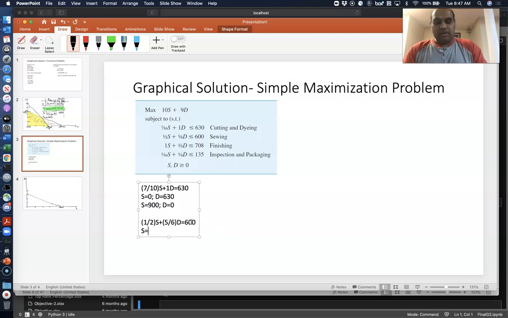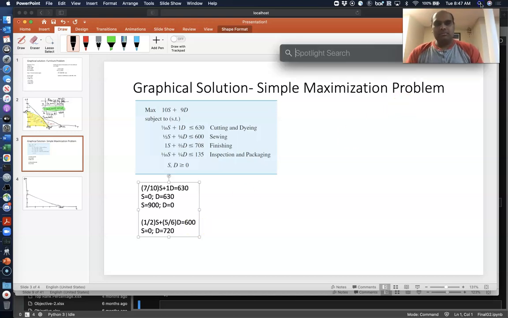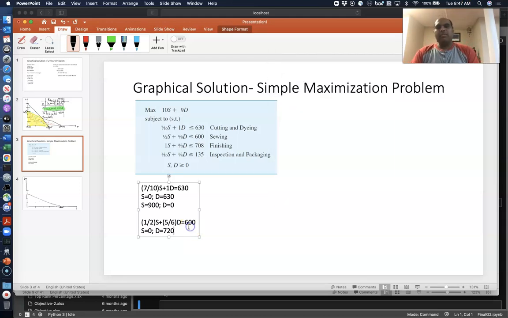So if I plug in S is equal to 0, I get D is equal to, so I plug in S is equal to 0. 5 over 6 times D is 600. So it'll be 3600 divided by 5, which will be 720. Right? Yep, 720. So D is 720. Similarly, if I plug in D is equal to 0, I'll get S is equal to 1200.